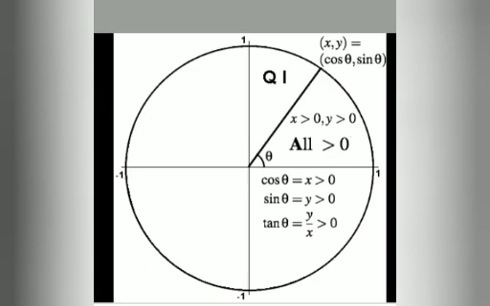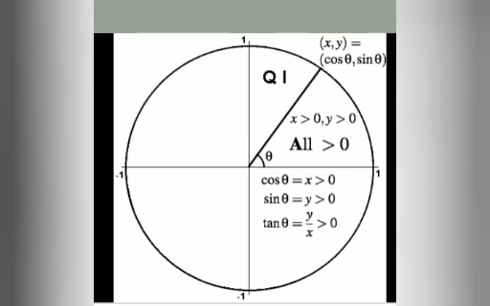Now, in first quadrant, since both coordinates, x coordinate and y coordinate, are positive, that means cos theta and sin theta are both positive. That implies tan theta is also positive, as tan theta is equal to sin theta by cos theta. This further implies that all trigonometric ratios in quadrant first are positive.